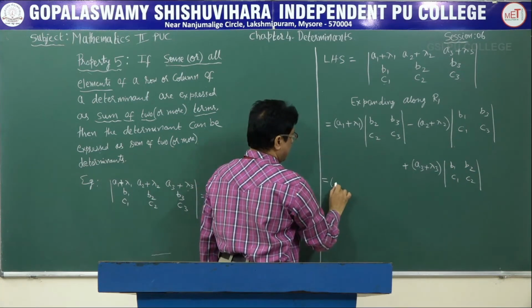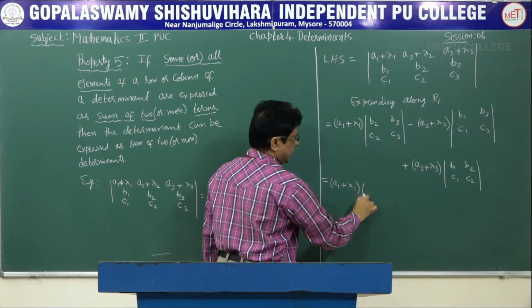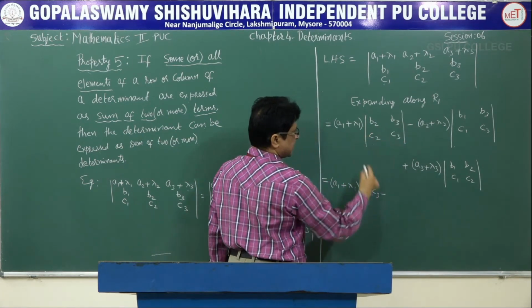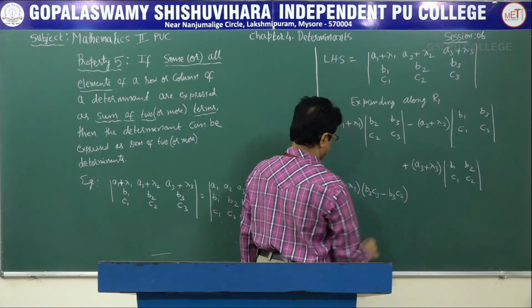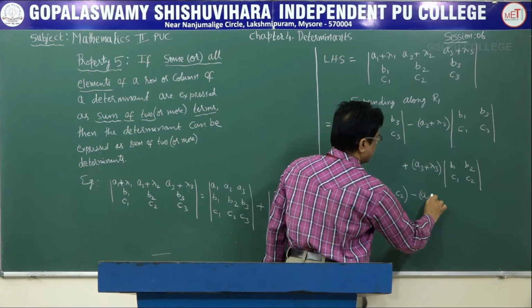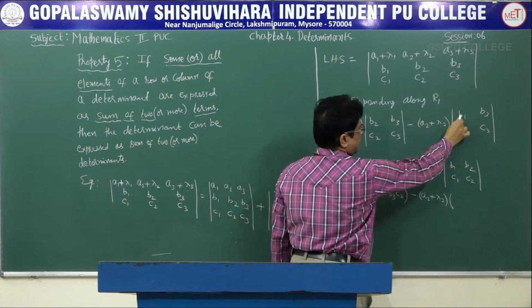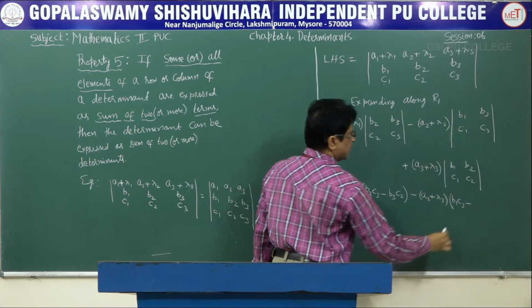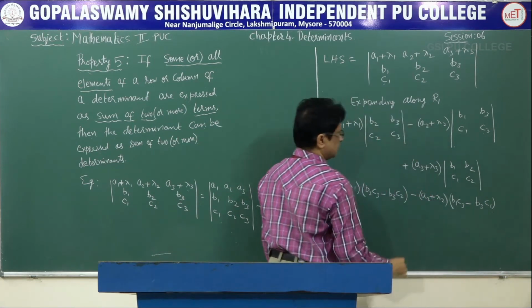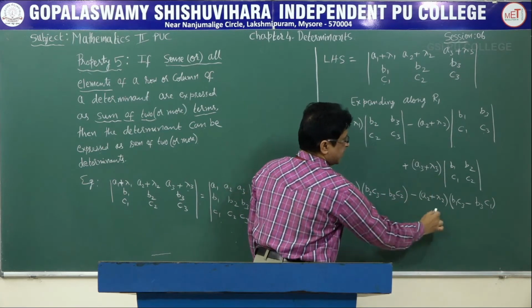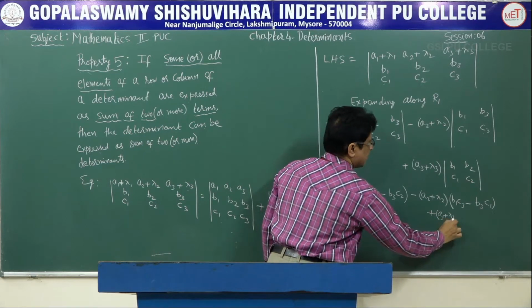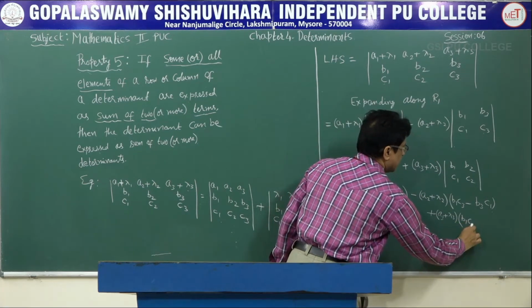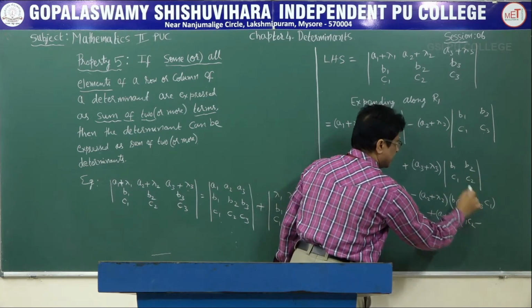So that will be equal to a1 plus lambda 1 into b2 c3 minus b3 c2, minus a2 plus lambda 2 into b1 c3 minus b3 c1, plus a3 plus lambda 3 into b1 c2 minus b2 c1.